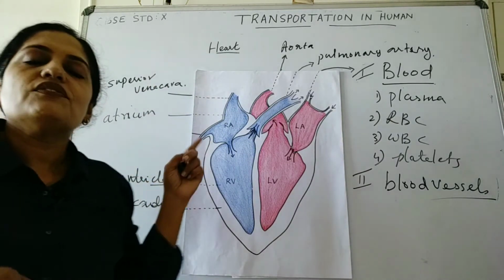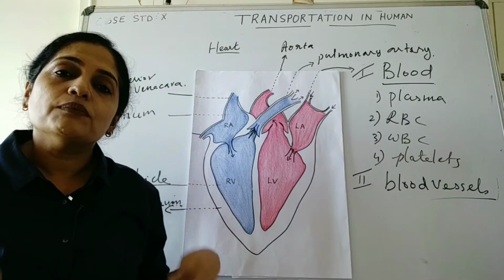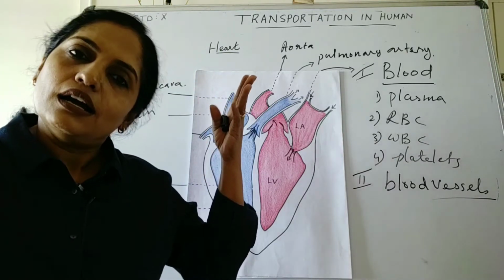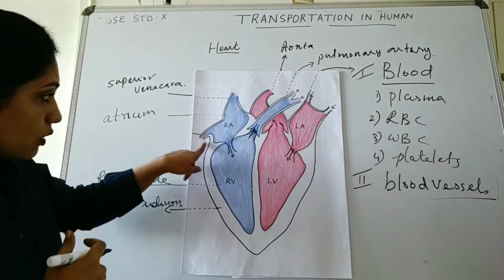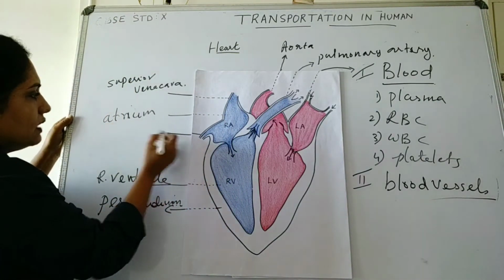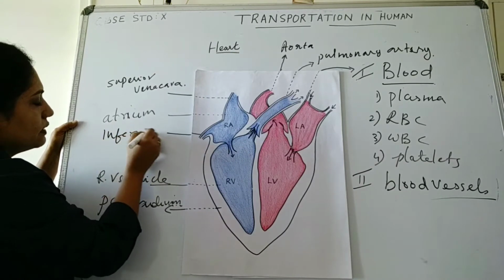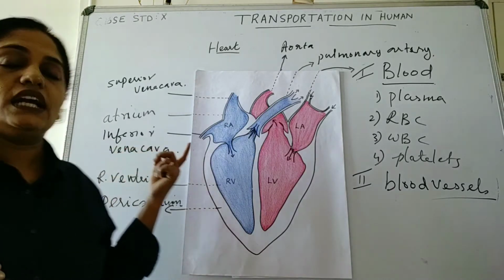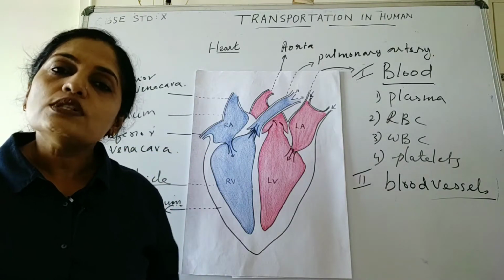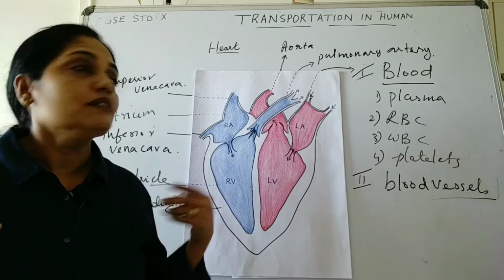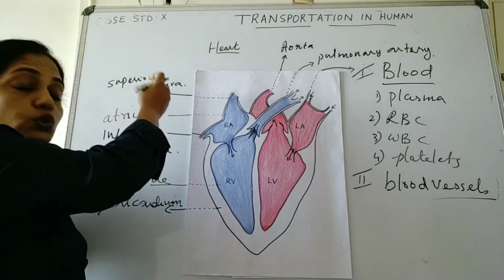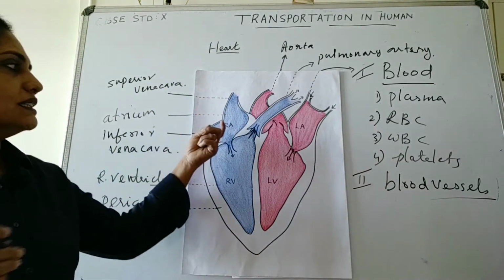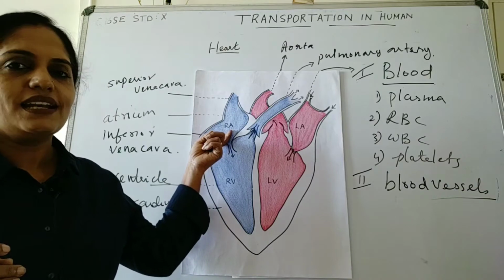This superior vena cava collects blood from the anterior parts of our body, or the parts above the heart, and here down you can see inferior vena cava. Inferior vena cava collects blood from the posterior part of our body. Likewise, these two vena cavae bring blood to the right atrium. This blood is deoxygenated blood.